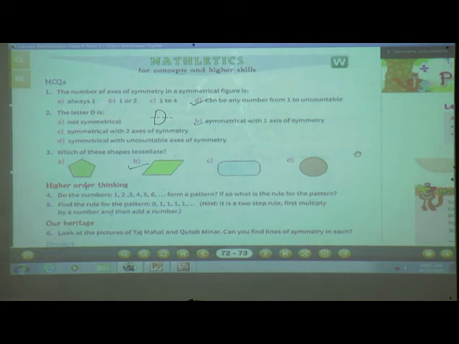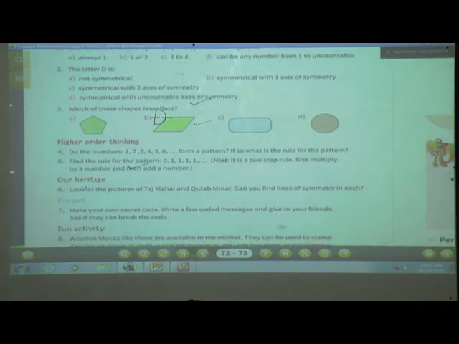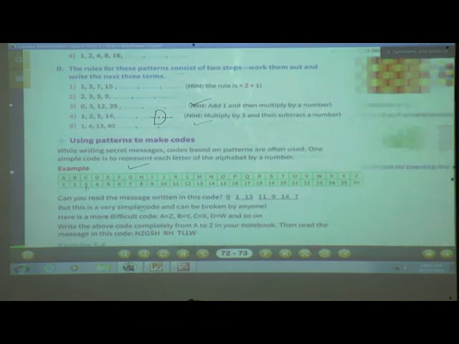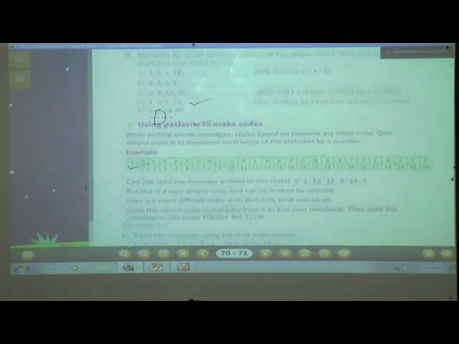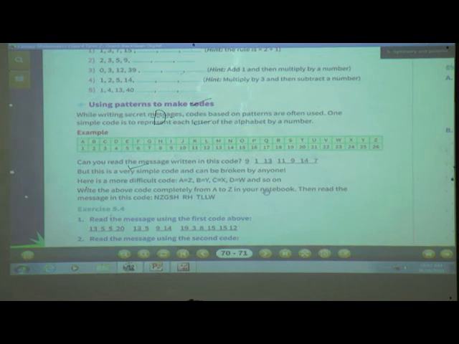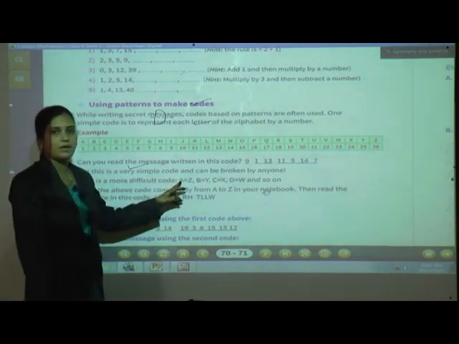Okay. Now students, you know that pattern, isn't it? So try to solve some questions depending upon patterns, and whatever activities are given in this lesson you can do at your home also. Even students, here look, they have told us to write the code in this way.